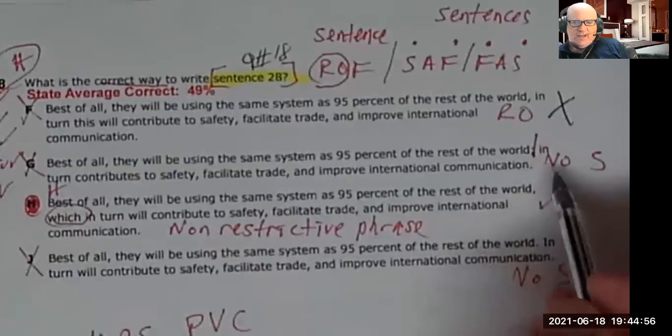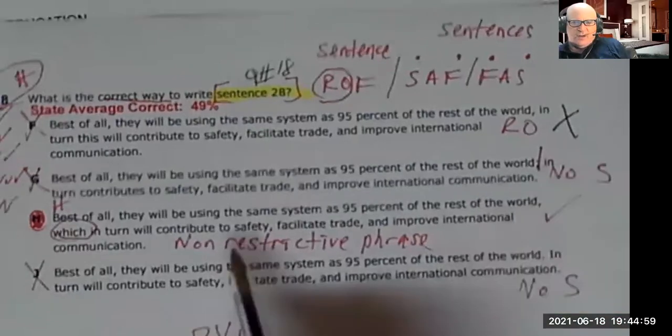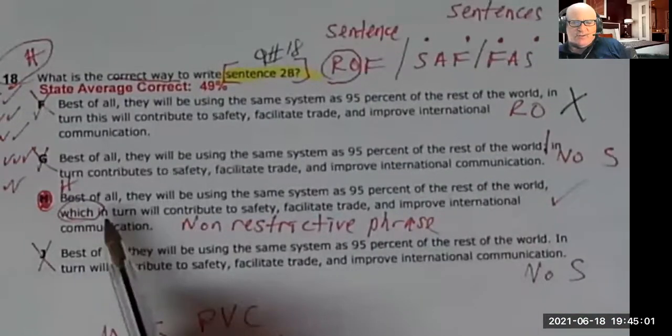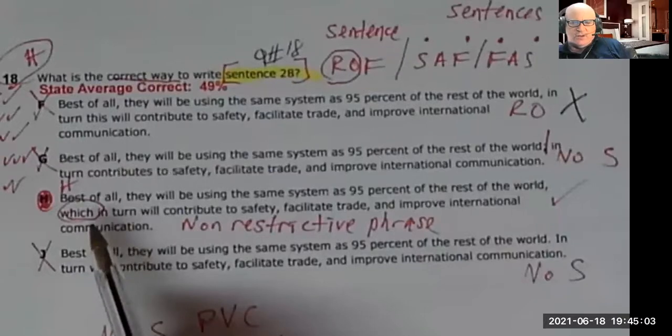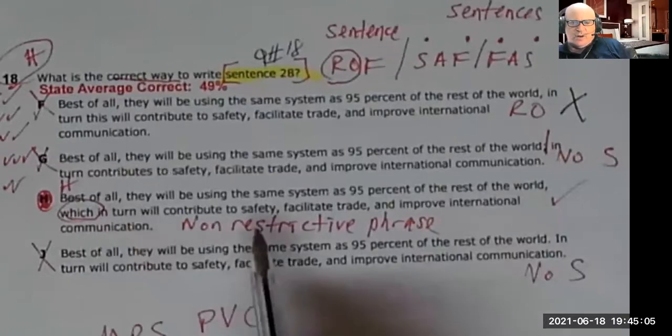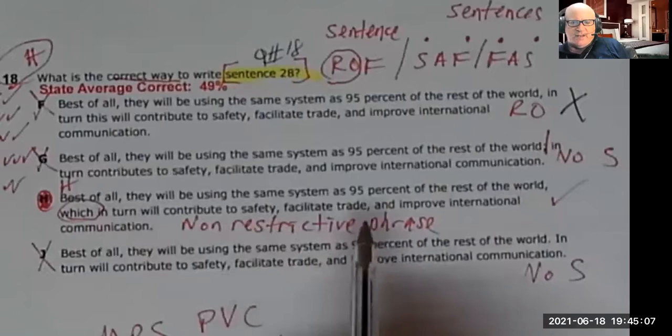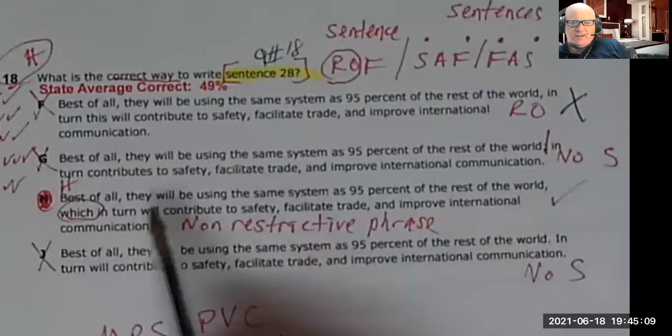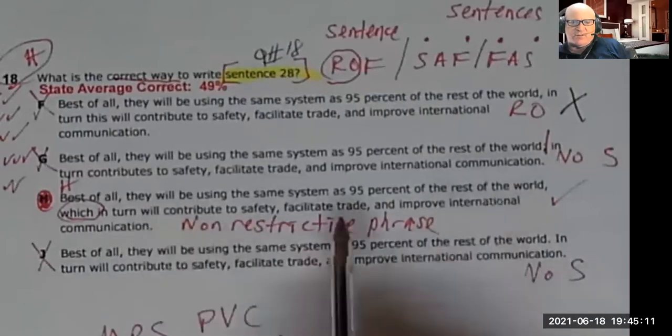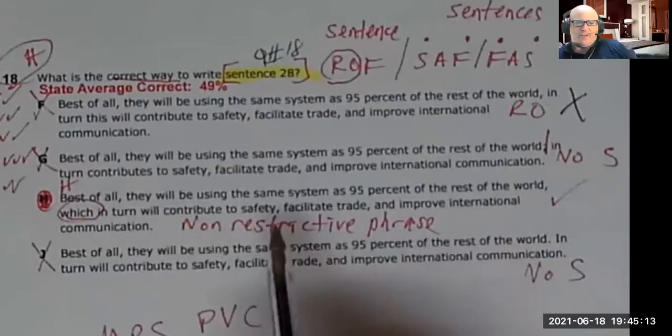Letter H is the one that's correct, and so they use what we call a non-restrictive phrase to write the sentence where a comma is needed to separate the non-restrictive phrase from the rest of the sentence.